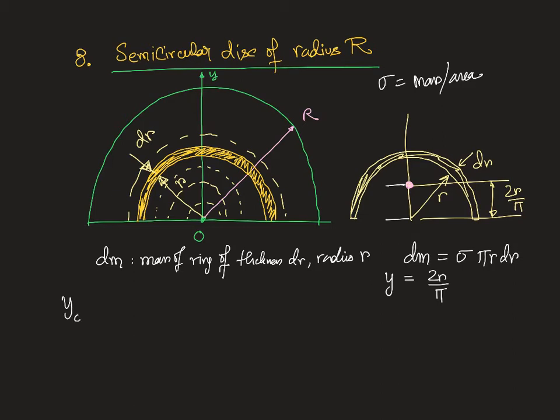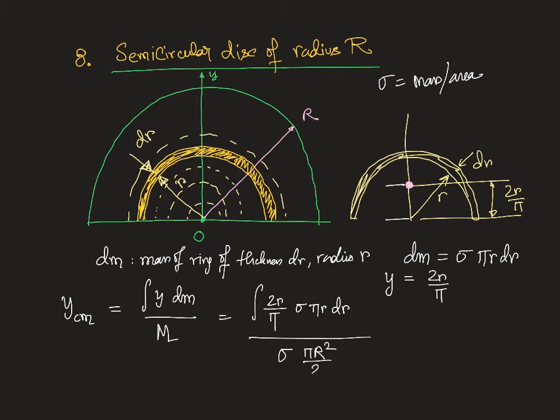Now for calculating ycm for this semicircular disc, it is integral of y dm divided by total mass. So integral y means 2r by pi, dm means sigma pi r dr, divided by sigma pi r square by 2. The limits of small r will be from 0 to capital R. Now here what you get, integral of r squared dr, r cube by 3.